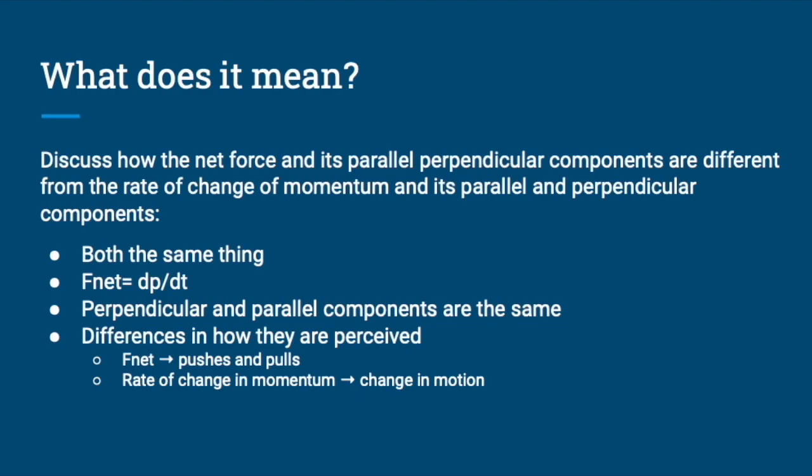The difference is in how both of these concepts are perceived. For instance, the force is thought of more as pushes and pulls, while the rate of change of momentum is thought of more as change in motion. So they're both going to have the same perpendicular and parallel components.